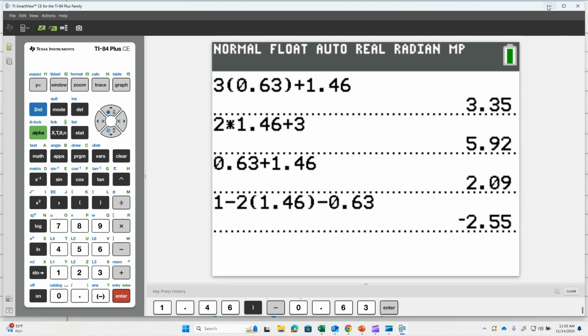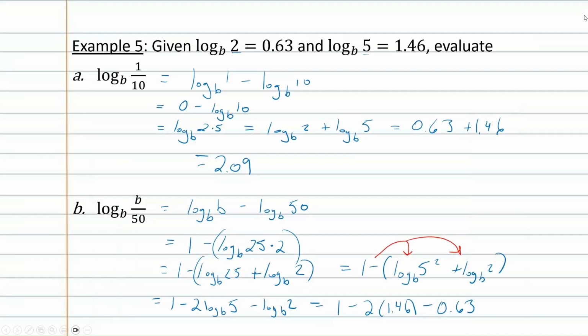So I'm looking at negative 2.55. Okay. That will be our final answer for part B.